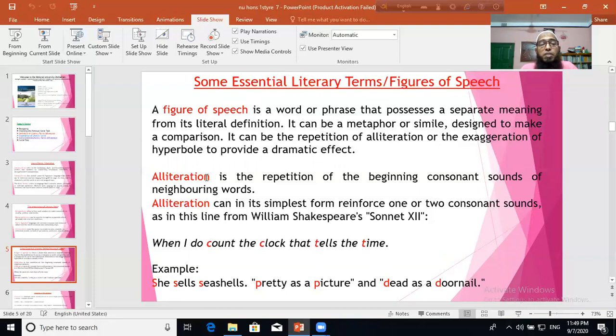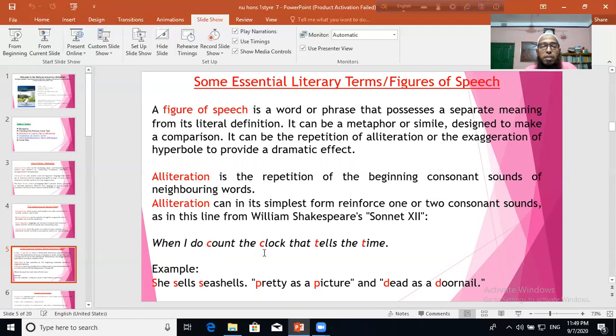Alliteration is a figure of speech, you see. Alliteration is the repetition of the beginning consonant sounds of neighboring words. Alliteration can, in its simplest form, reinforce one or two consonant sounds, as in this line from William Shakespeare's Sonnet 12: When I do count the clock that tells the time.